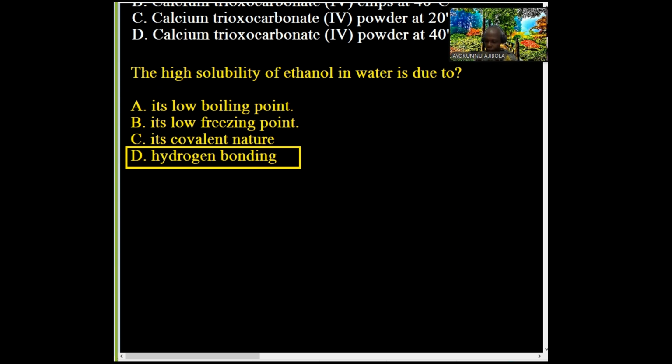Now, listen carefully to this. Molecules that contain a hydrogen atom bound to fluorine, oxygen, or nitrogen are considered examples that show the hydrogen bonding process.